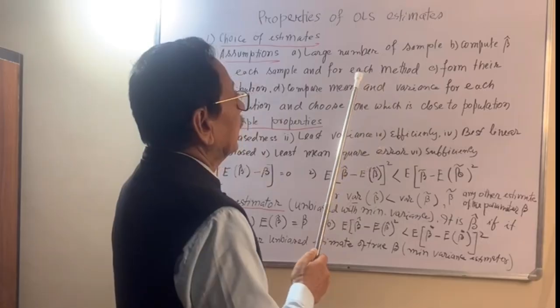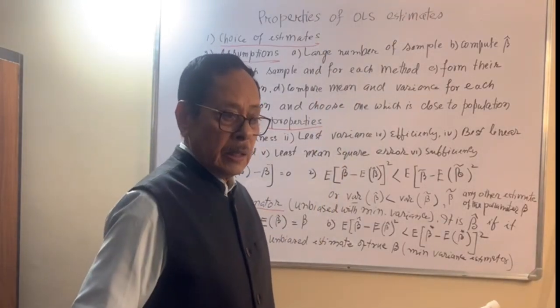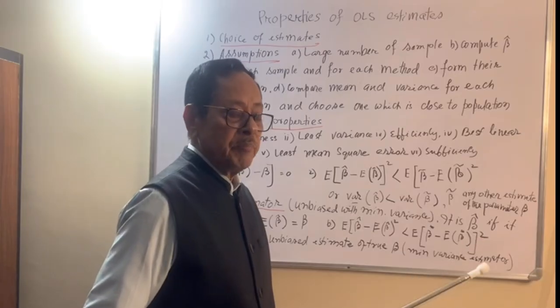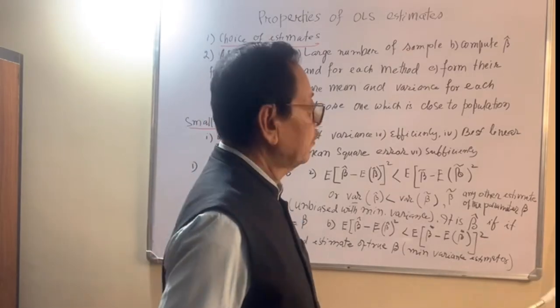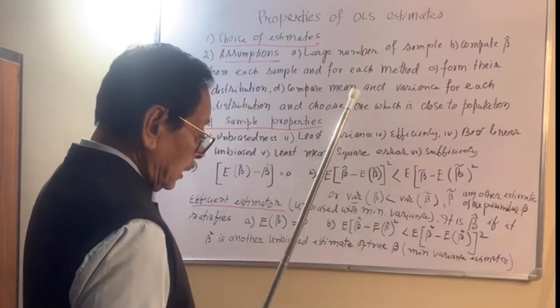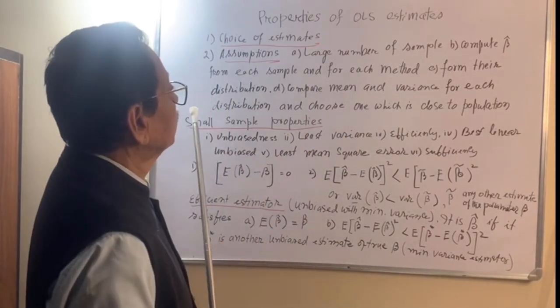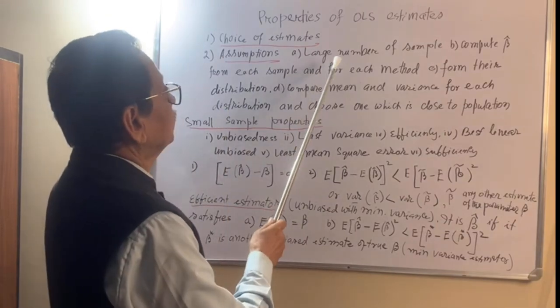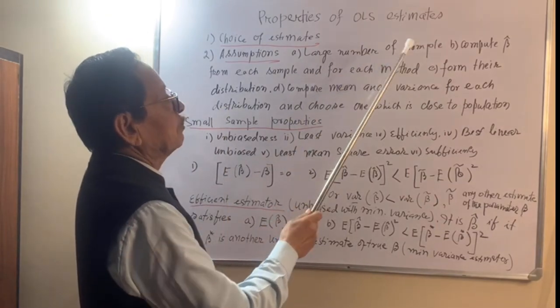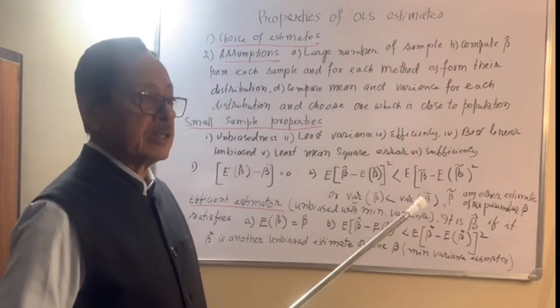This is examined with the help of the mean and variance of the parameters. There is also an assumption of a large number of samples, so the sample size should be large enough.